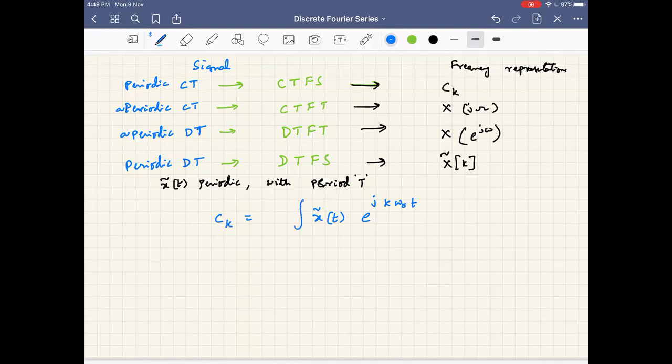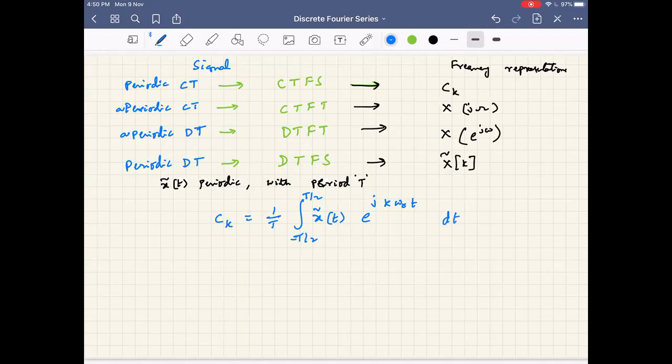And how to find the projections or correlations with respect to them over time is through integration. So minus T by 2 to T by 2, because for this periodic signal it is good enough to see its projections over a period, and it's normalized by capital T. This integration is over dt.